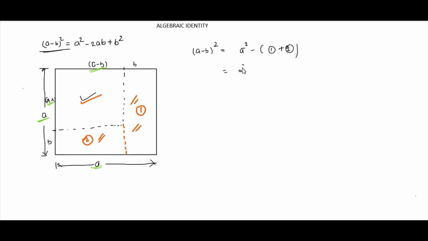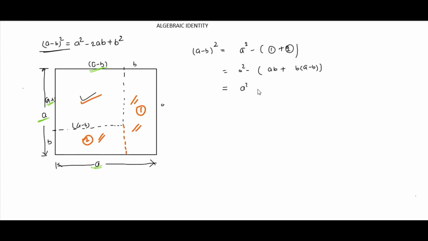So a square minus area of rectangle 1: this side is a and this side is b, so the area is a into b. Plus area of rectangle 2: this side is also b and the other side is a minus b, so the area will be b into (a minus b).